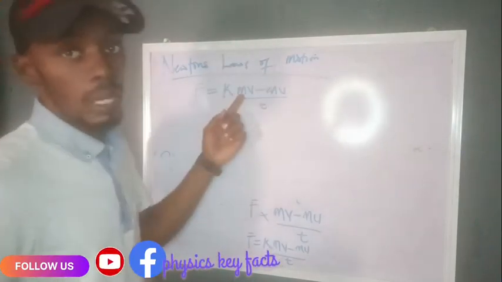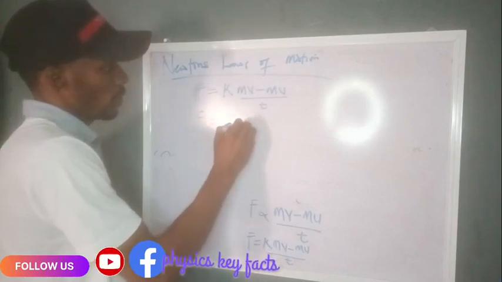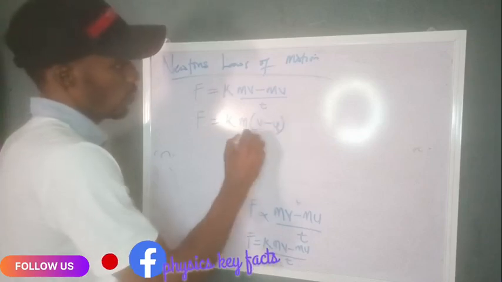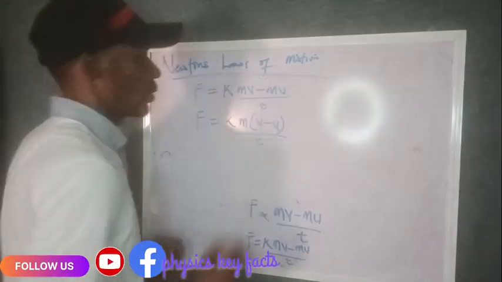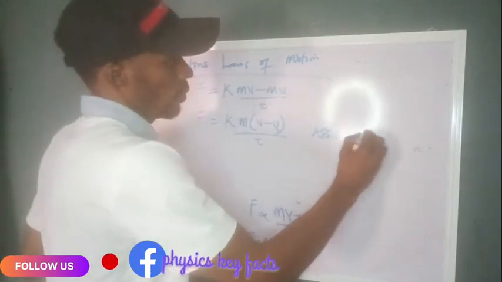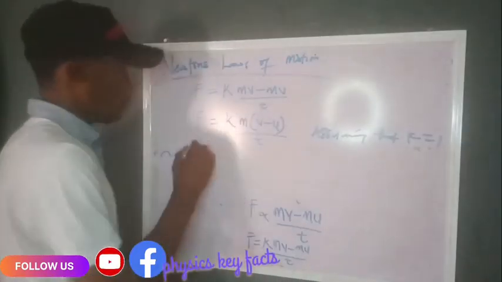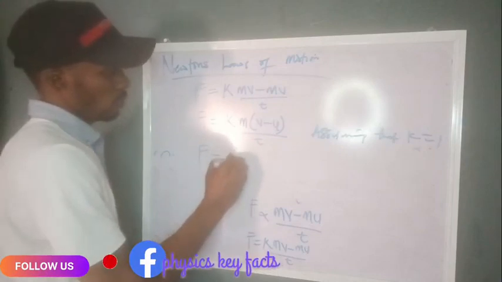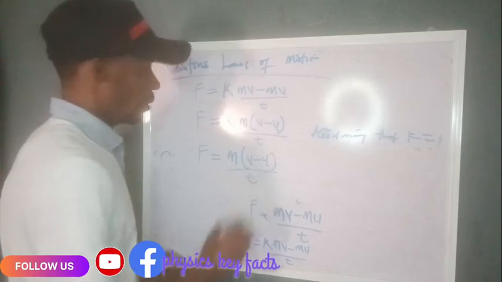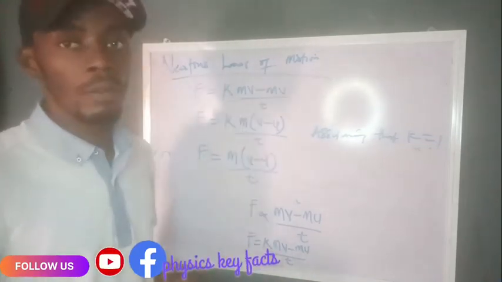Of course, I can factor out m. So I have F is equal to k m bracket v minus u all over t. So assuming that k is equal to 1, I will have F is equal to m v minus u all over t. 1 multiplied by everything here, we'll still have what we have there.